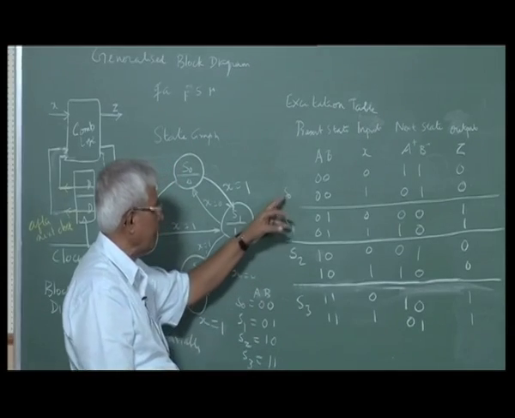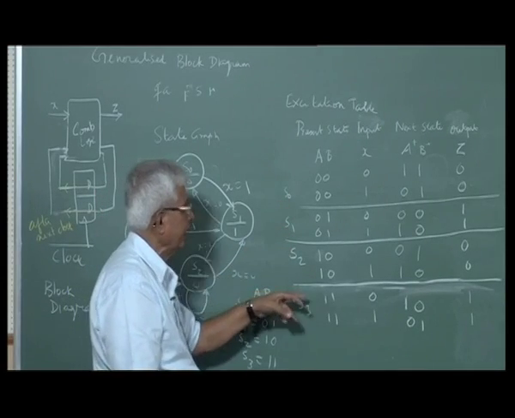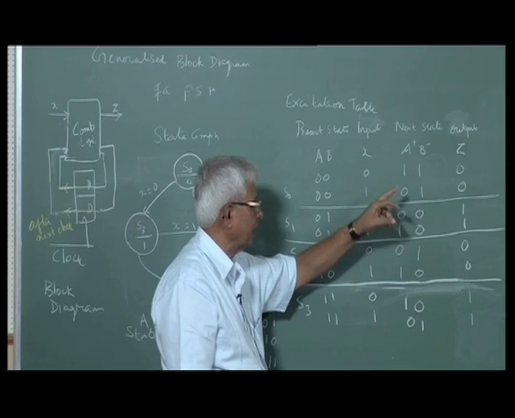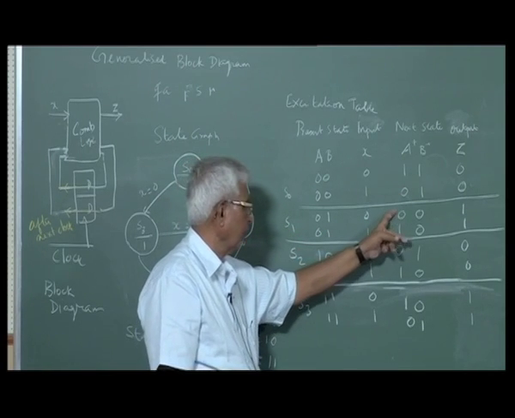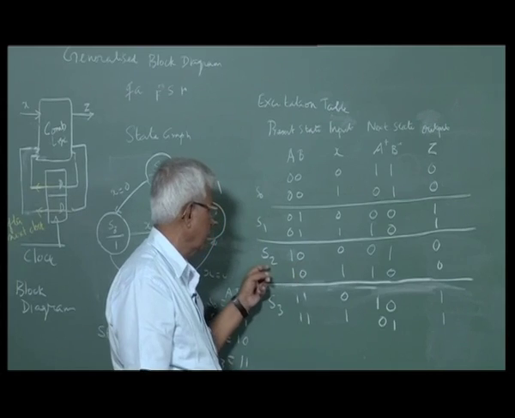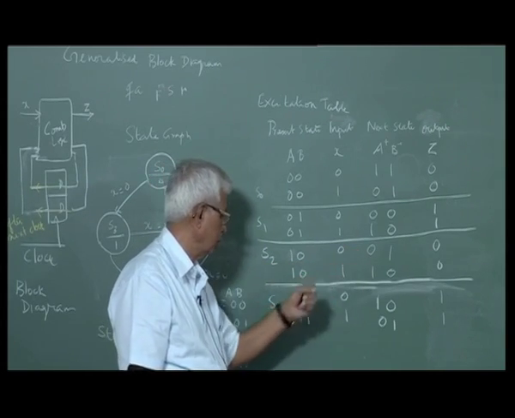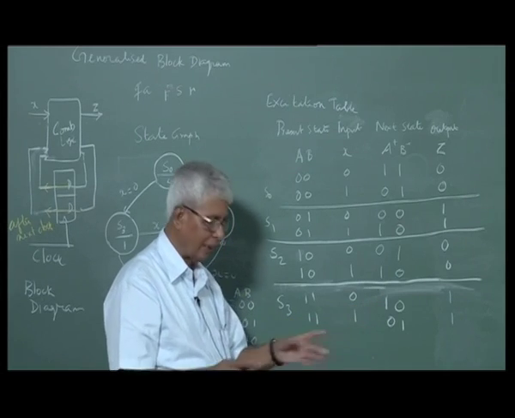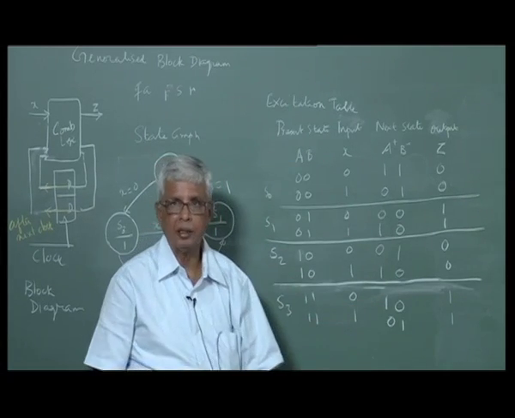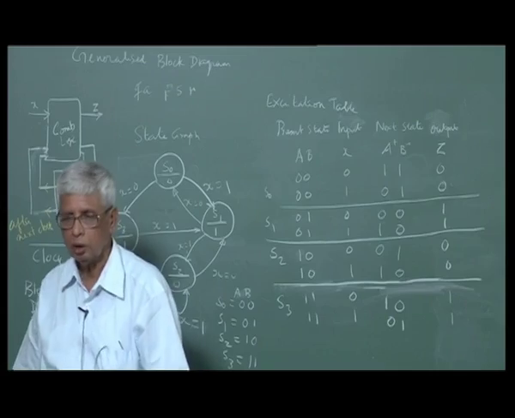Instead, I should have written S0, S1, S2, S3: for X equal to 0, S0 goes to S3, S1 goes to S0, S2 goes to S1, S3 goes to S2, and so on. Instead of writing all that, I went straight to this table, which is very easy to follow.